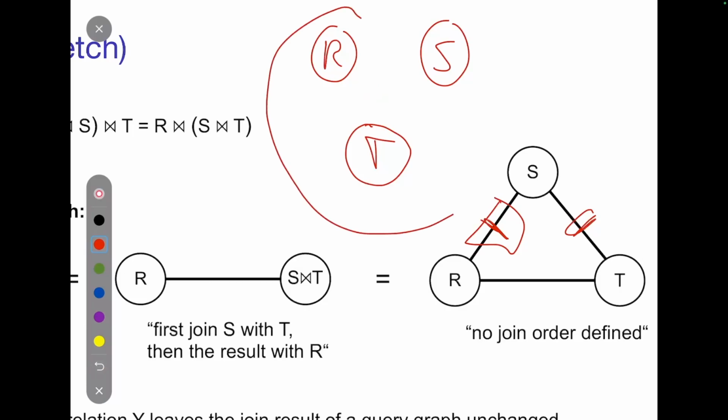So kind of saying here, that's my new view, my new super node in a way. And then maybe I make a comma in between those to say that's a list of nodes where I don't define an order. I don't define how I join R, S, and T together. I'm just saying it somehow happens all at the same time. Some other idea?